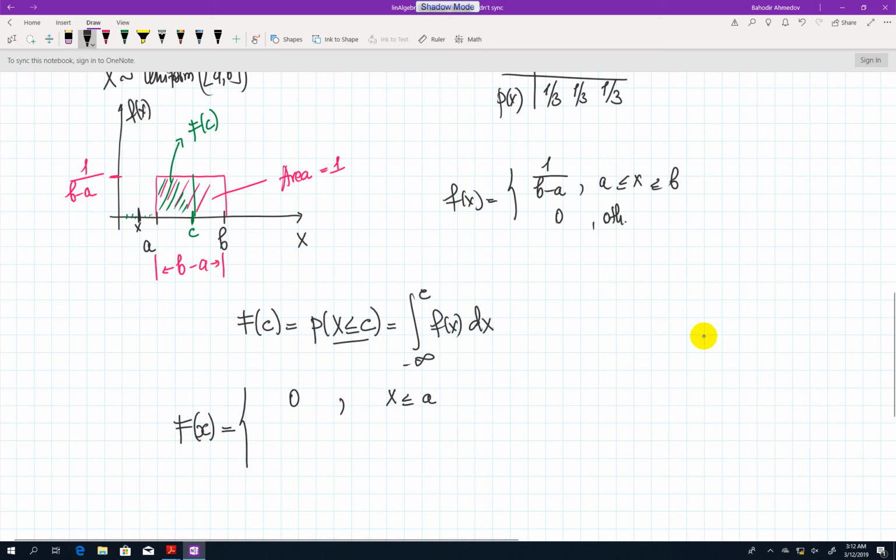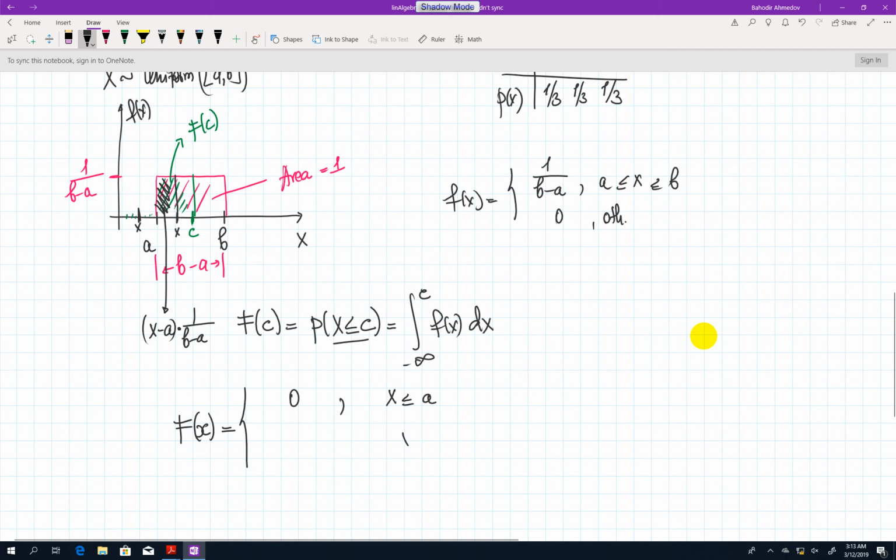Now, if I choose some point x here, what will be the area until this x? This area will be the area of this rectangle, right? The area of this rectangle is the multiplication of the width, which is x minus a, by the height of this rectangle, which is 1 over b minus a, right?